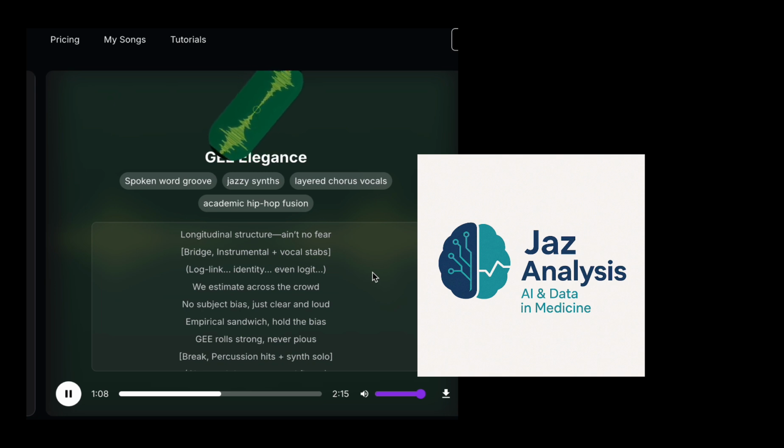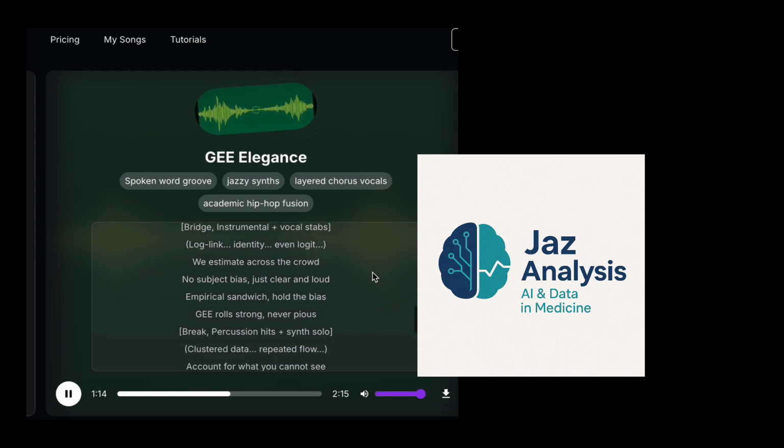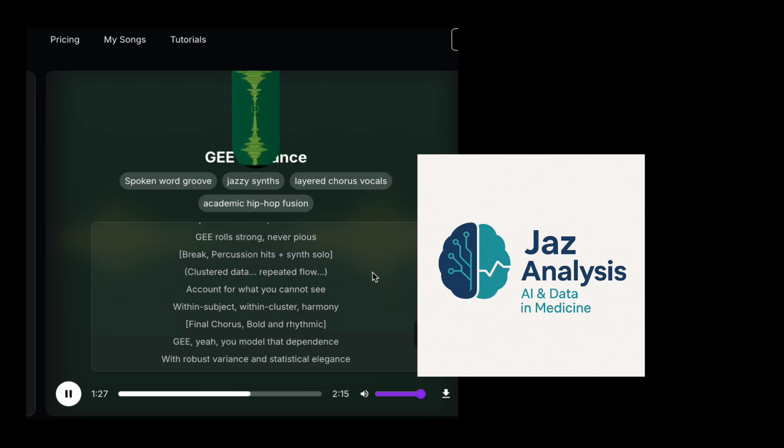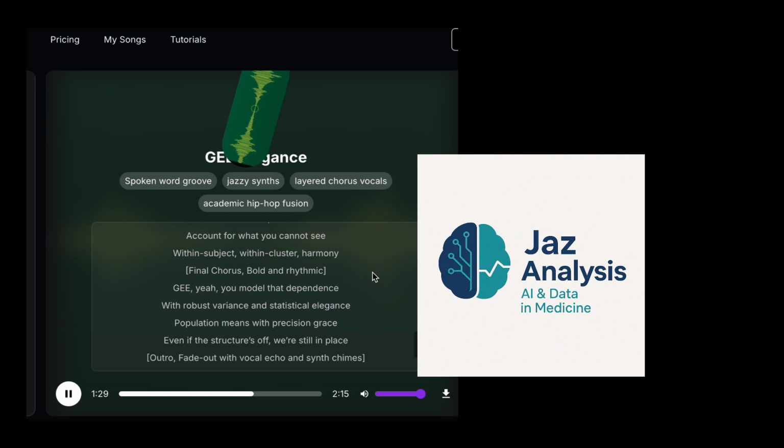We estimate across the crowd. No subject bias, just clear and loud. Empirical sandwich, hold the bias. GEE roll strong, never pious. Account for what you cannot see.